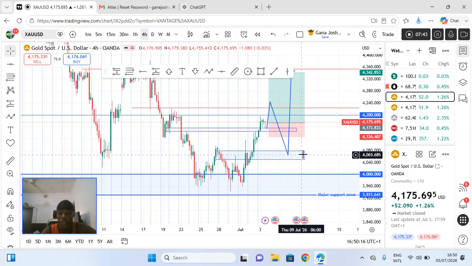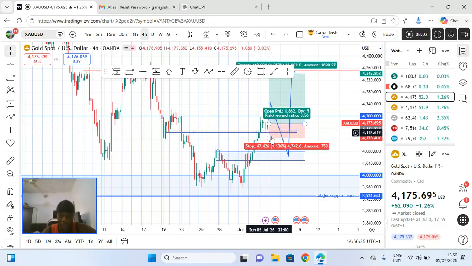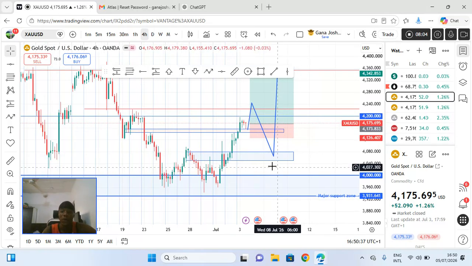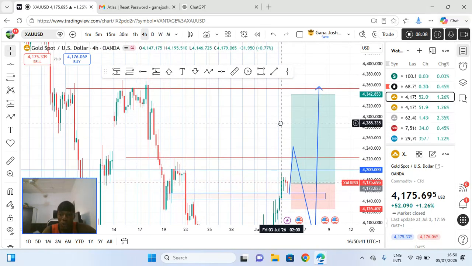But this is the 50% retracement level, which leaves us at around 4,050 to 4,080, a normal retest zone, and it is also a support level. It was a resistance, and price is riding above it right now. And from where we could see this candle close, I'd be seeing some bullish move here.